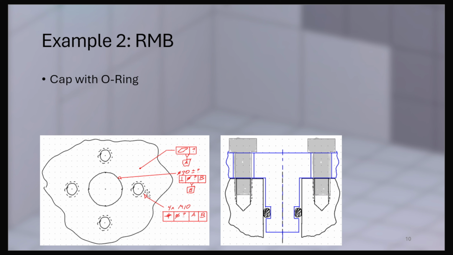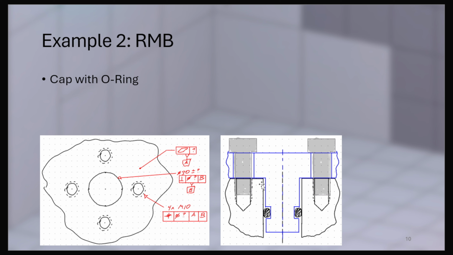So if we were to come up with a positional tolerance zone for these cap screws, does it make sense to have B at a material modifier? I think we can throw out LMB right away because there's no wall thickness being maintained or anything like that. But does MMB make sense?